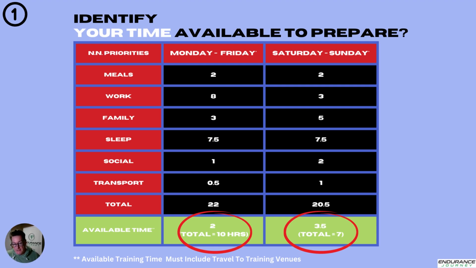Then Saturday and Sunday, I did that same breakdown in hours of all the different commitments, and I came up with 20.5. So that leaves me with 3.5 hours on Saturday and Sunday. So I have a total of 17 hours per week that I can train.